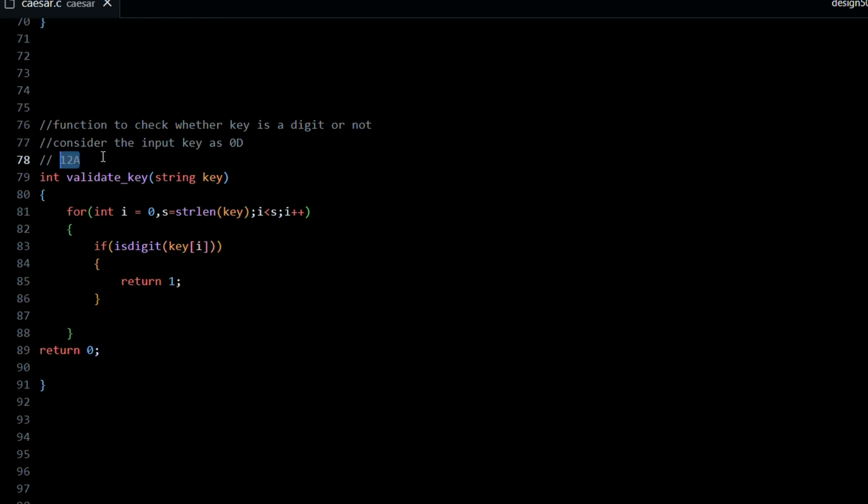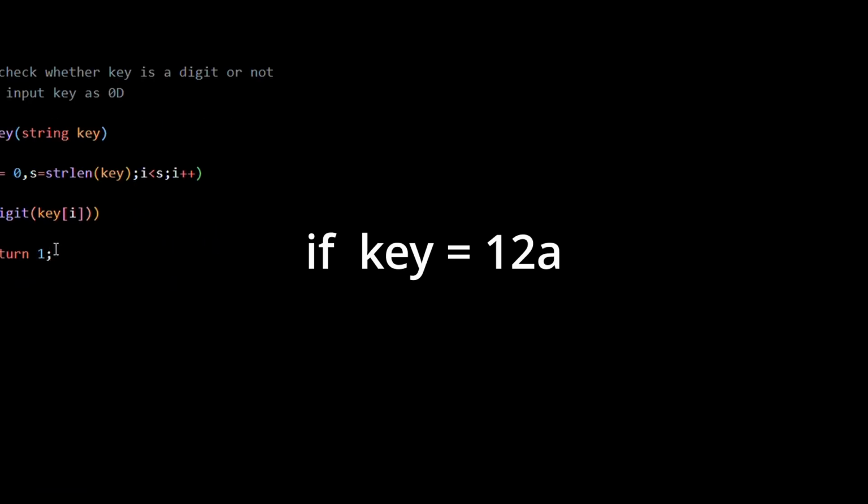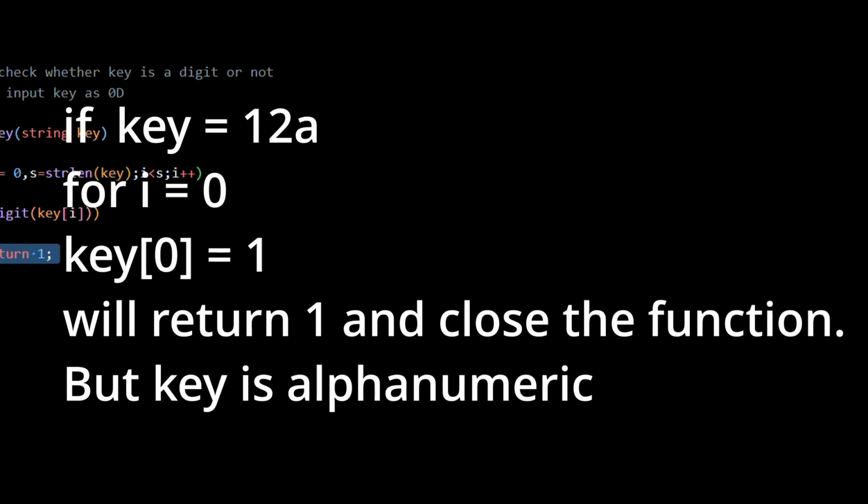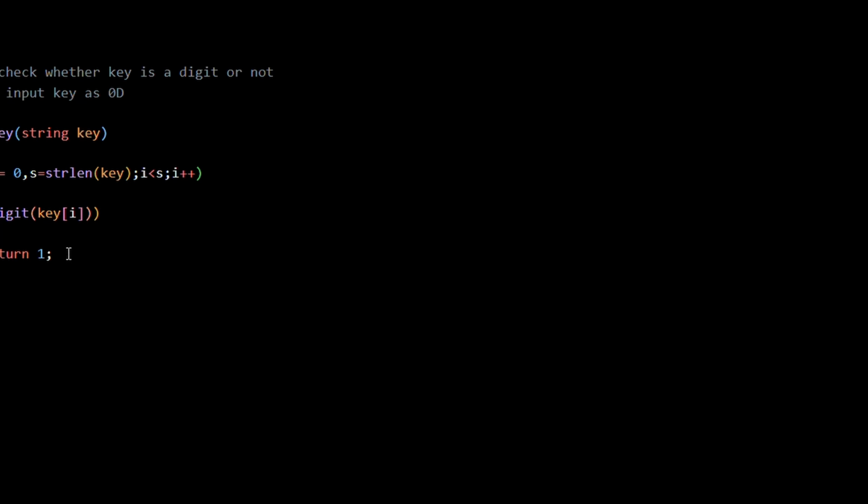Why? Because if the key is something like 12A, then while we are looping through the key, 1 will trigger the response of isdigit as true, and it will return 1, effectively closing this function. But that's wrong. 12A is an alphanumeric input and it is not a complete number.